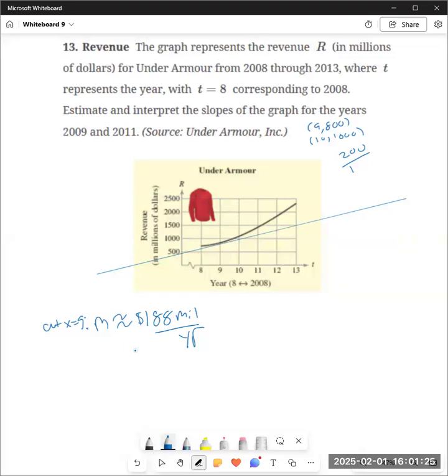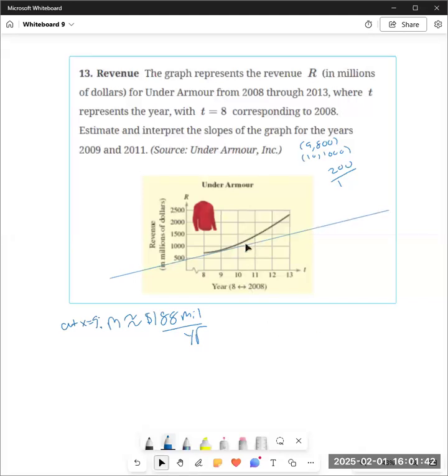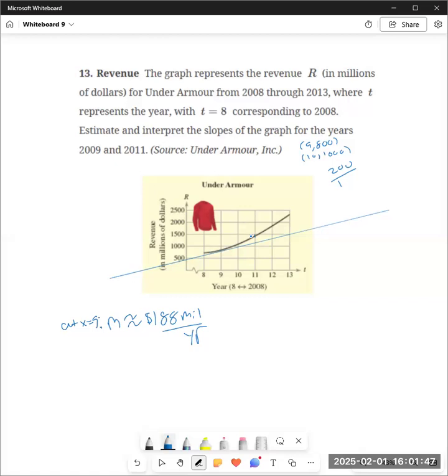This next one is a little bit better. The next place that we want is 2011, which is right up here. And I'm going to tell you that when x equals 11, it's going to be a change of about $375 million per year.